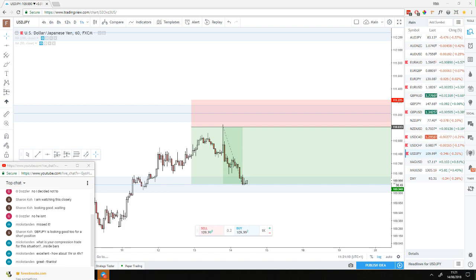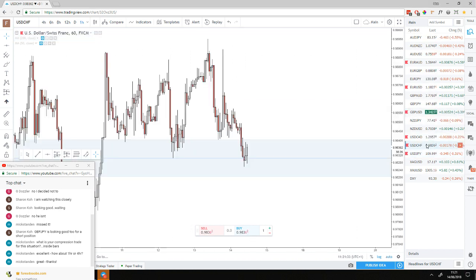I'd like to say it was all skill, but I have to admit some of this was luck. I guess there was an element of skill involved because I was expecting this move to happen post FOMC. It just didn't happen in the order that I was expecting.